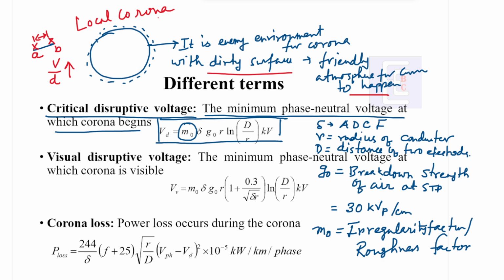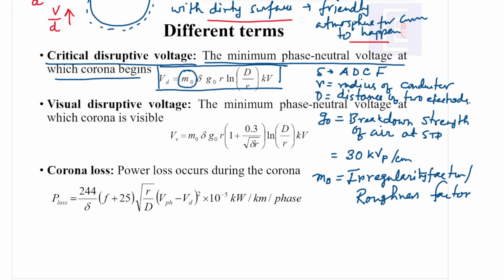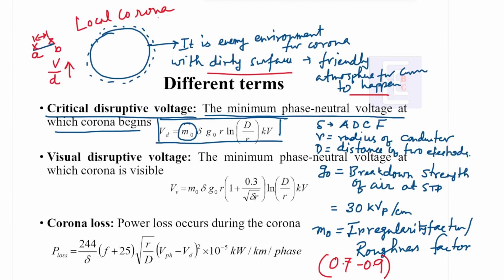So to account for this effect, we introduce a factor called the irregularity factor or roughness factor. Its value is roughly around 0.7 to 0.9, depending on the application. If it is a smooth surface, then M0 is 1. But if it is rough, which is very practical, it is roughly 0.7 to 0.9.